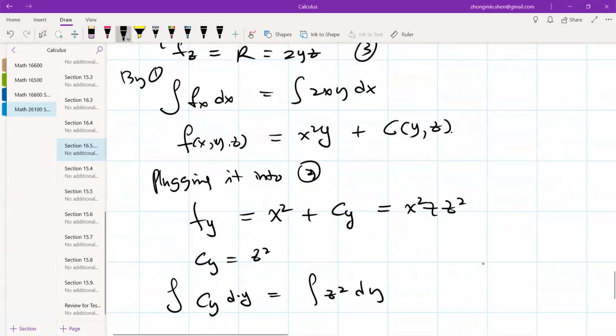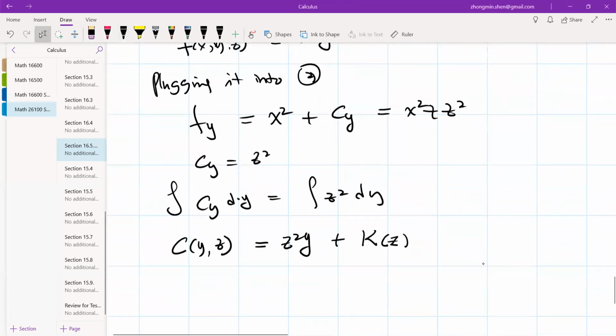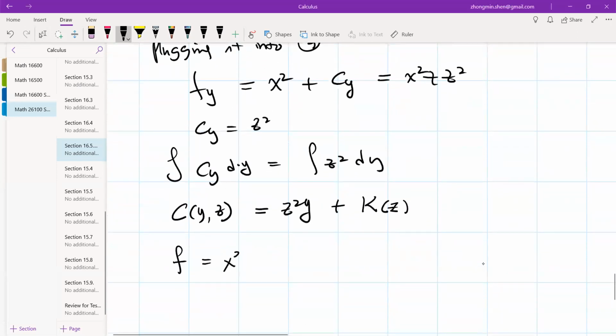Then this side is c, and the other side is z squared y plus another constant, which is constant with respect to y but still depends on z. So now you have the function x squared y plus c, where c is z squared y plus k.